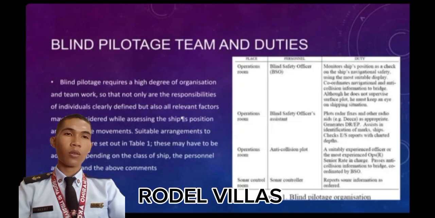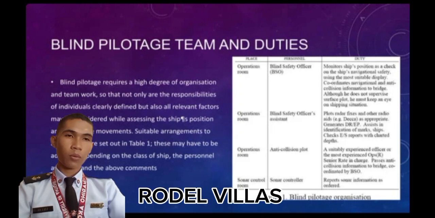So, the blind pilotage aim and duties. Blind pilotage requires a high degree of organization and teamwork so that not only are the responsibilities of individuals clearly defined, but also all relevant factors may be considered while assessing the ship's position and her future movements.